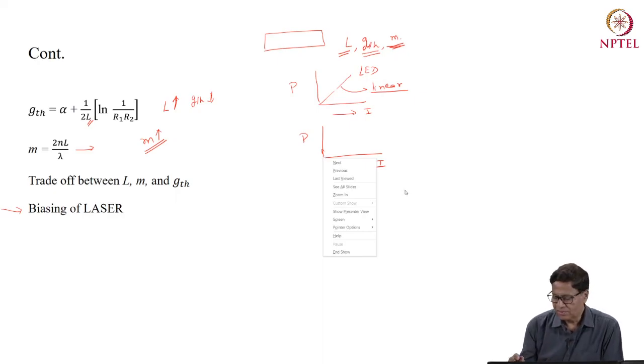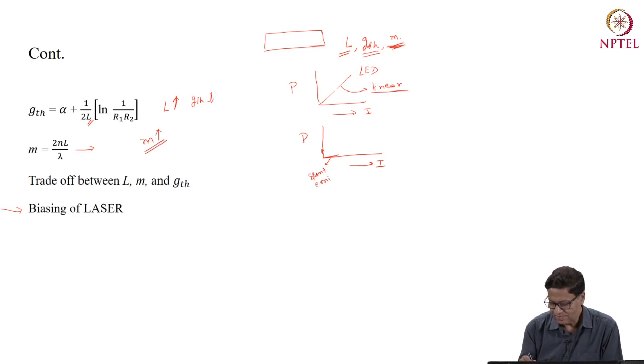So spontaneous emission may be happening in the diode. It may be acting for some time when there is a small amount of current. There will be very little power, which is the spontaneous region. The population inversion has not occurred till this point, spontaneous emission.